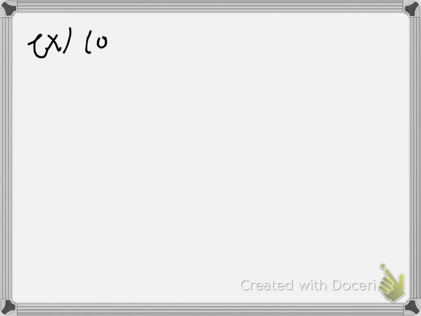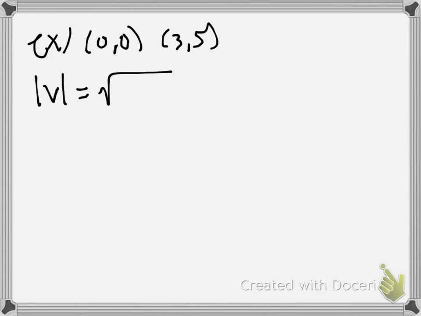So it goes from (0, 0) to (3, 5), and I want to write this in terms of my magnitude and my direction. To find the magnitude, we take the x value, because we're looking at a terminal point, squared, plus 5 squared, which is going to give us the square root of 34.